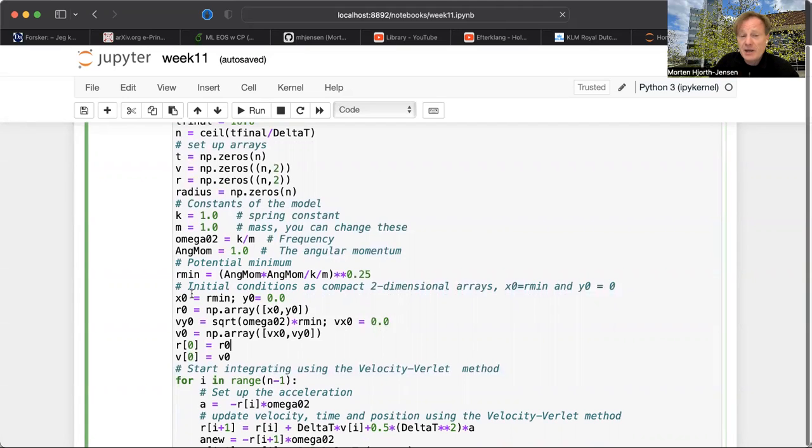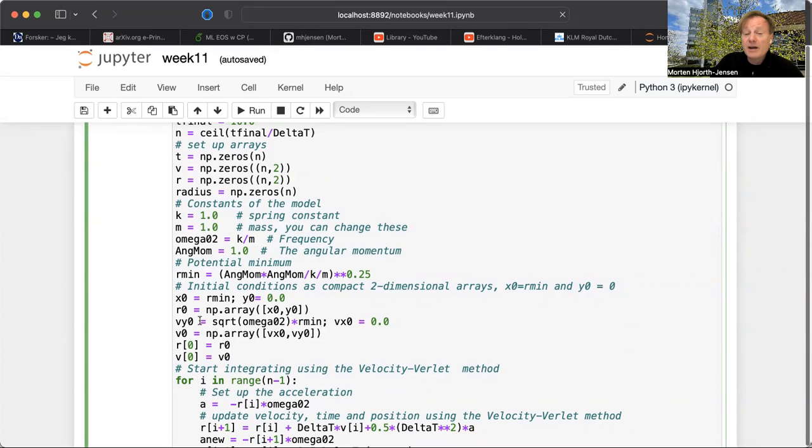I then define my x0 to be R min. So our x0 squared plus y0 squared should correspond to R. So the initial condition means that this R min is going to be the radius which I will have for the system, and this is going to span a circular orbit.